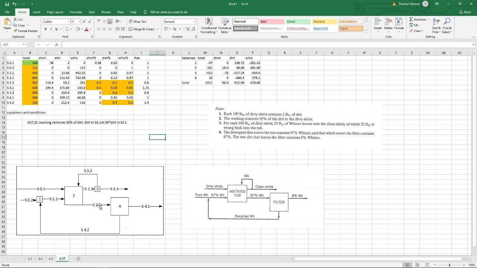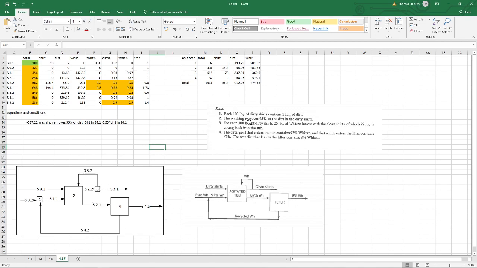Not 2.1. When I was looking at it earlier, my first thought was that I have some dirt entering in 0.1, I have some recycling in 1.1, and I actually might have some recycling in 3.2. So that was my initial thought, that I needed to add those up, and it was 95% of that.